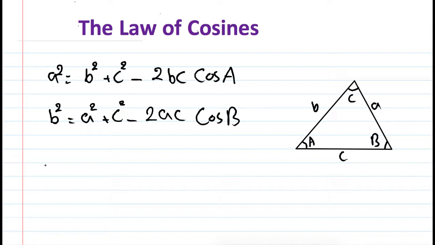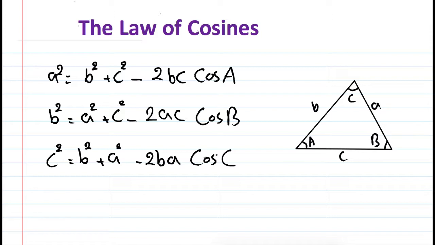How about C? Well, C squared equals B squared plus A squared, minus 2 times BA cosine of C.